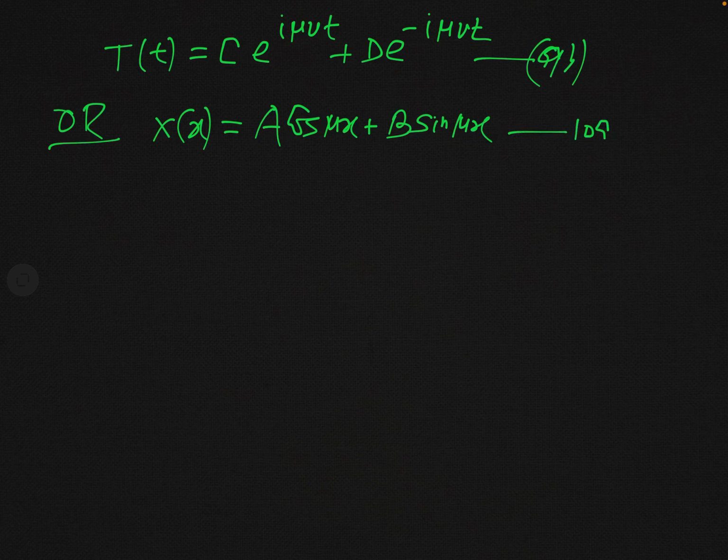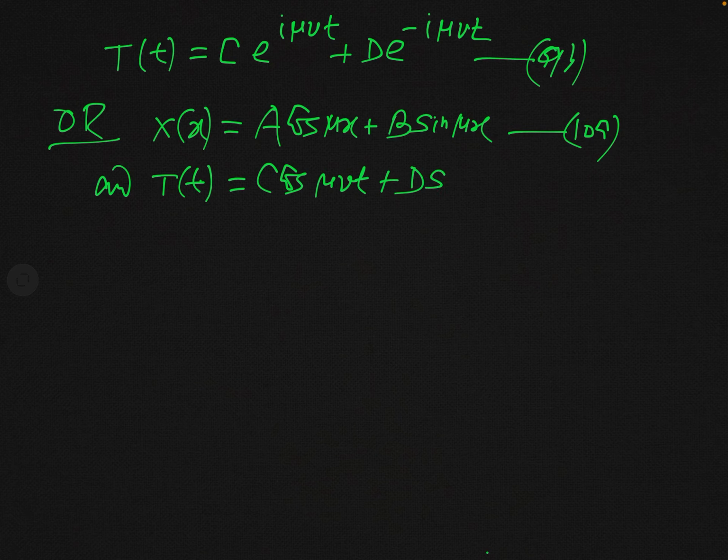Say this is 10a, and T of t will be equal to c cos mu vt plus d sin mu vt. You may write it in this way.